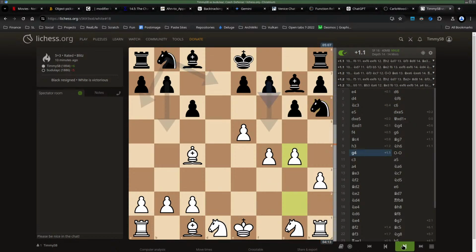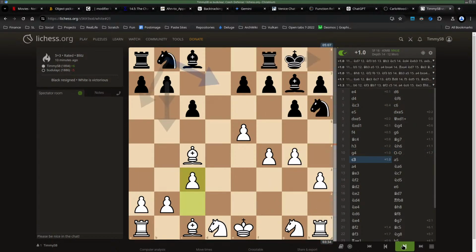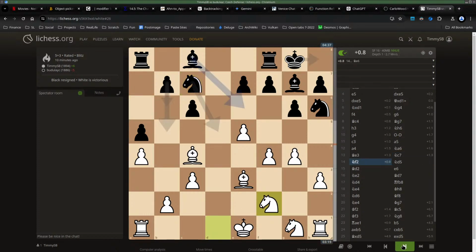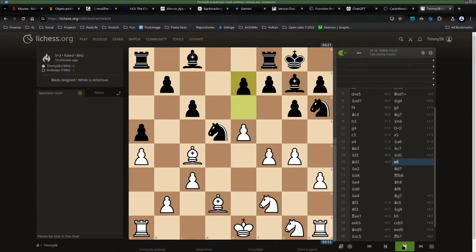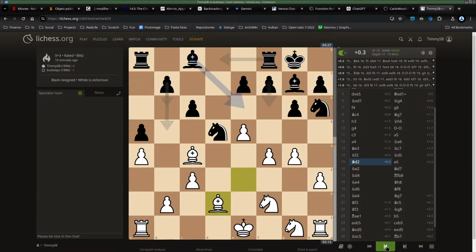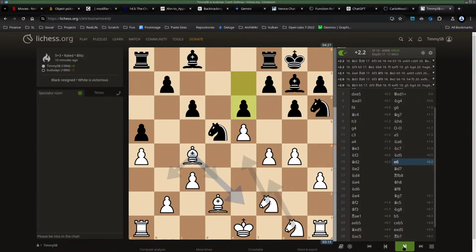White is better. Plus two because this move, yeah, he just encapsulates his own bishop.